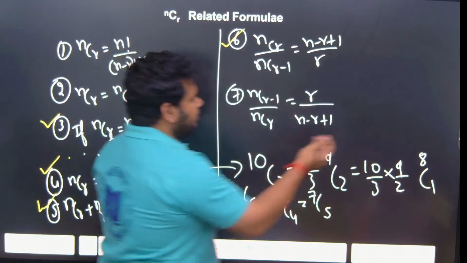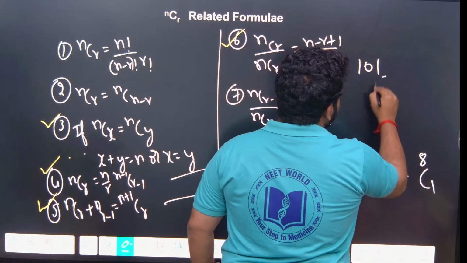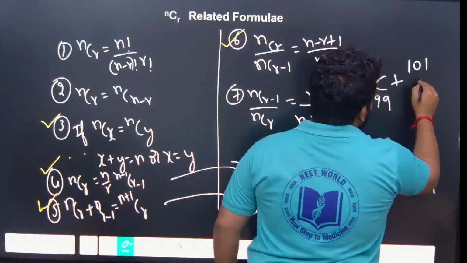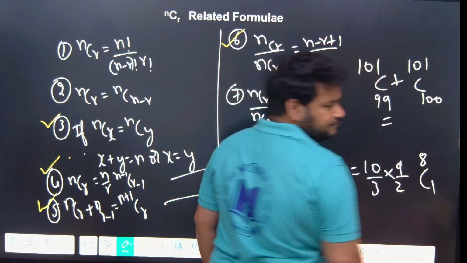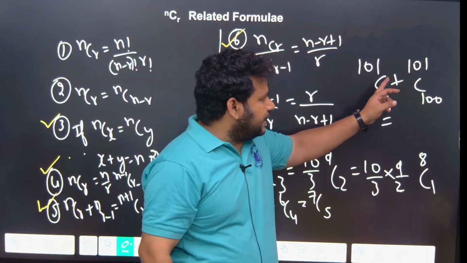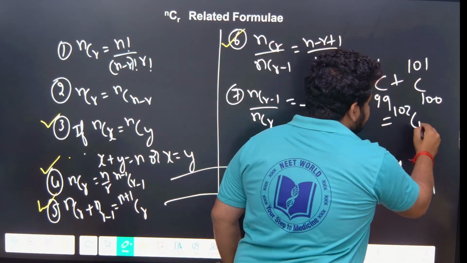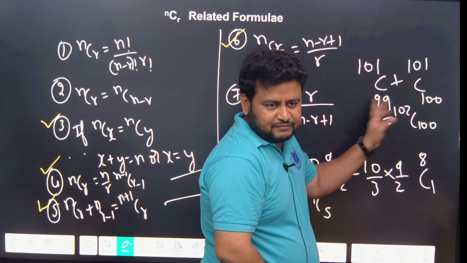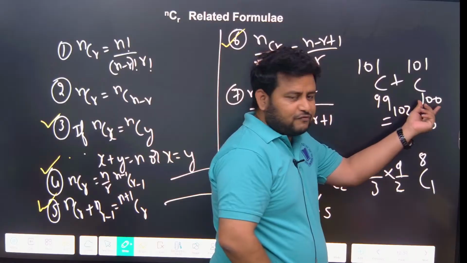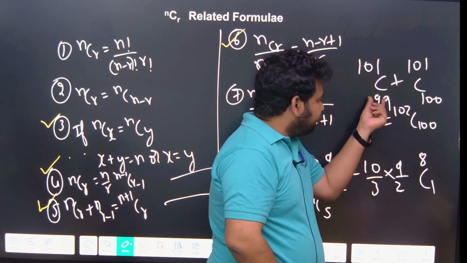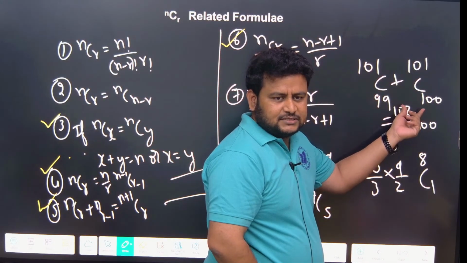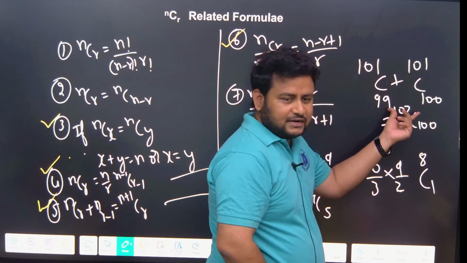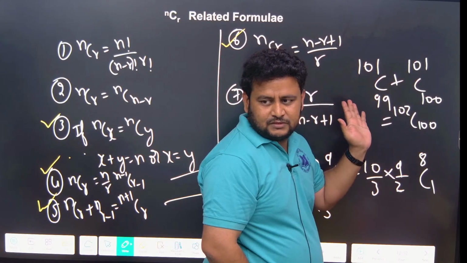For example, 101C99 plus 101C100, what should I write as the answer? 102C100, because the r value is 100, and r minus 1 is 99. I have written it in reverse. Whatever is the greatest value of r, write it down. Out of 99 and 100, which is greater? 100. Write 100. And 101 is there, you add 1: 102C100. That's all. This will be highly useful for you.